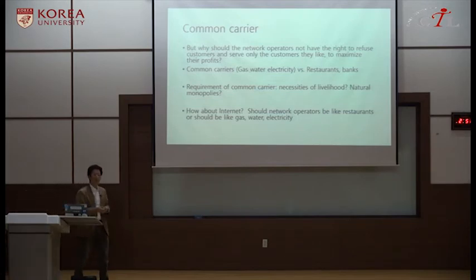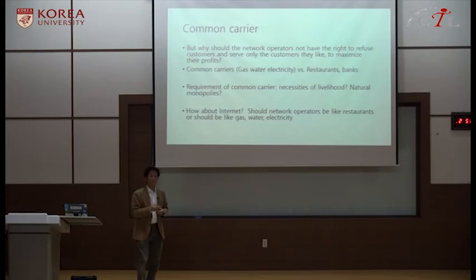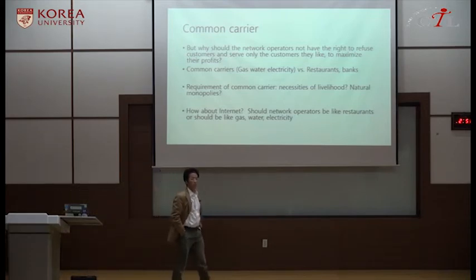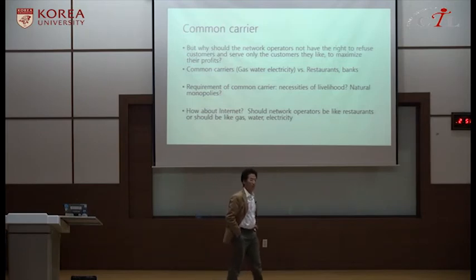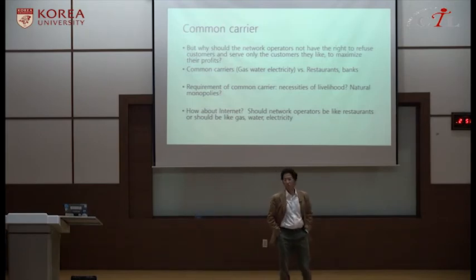Repeat after me, common carriers. Common carrier is a legal concept that applies to the providers of gas and water, electricity, and they are legally under an obligation not to discriminate among different users or among different usage. Okay?